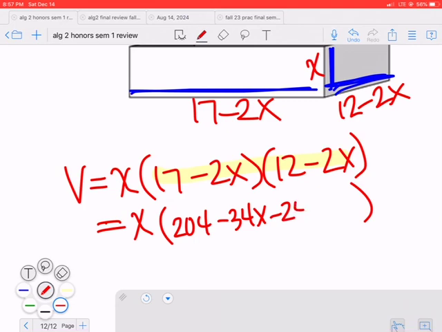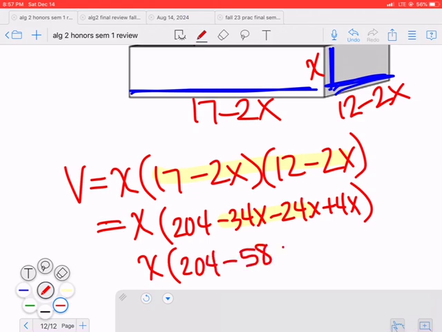Inside, minus 24x. Last is plus 4x squared. I'm going to combine those like terms, so 204 minus 58x plus 4x squared.